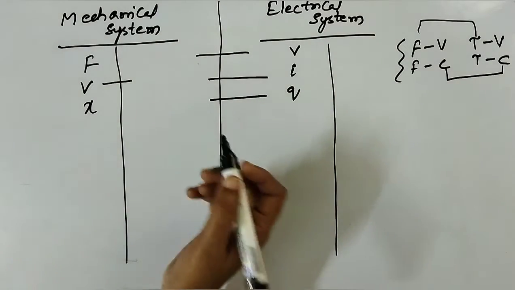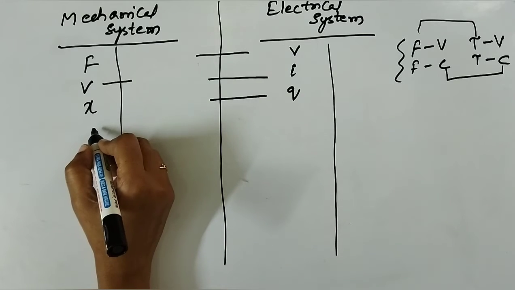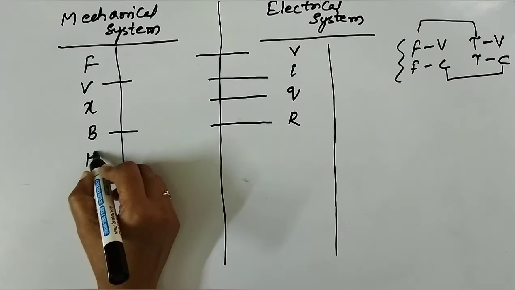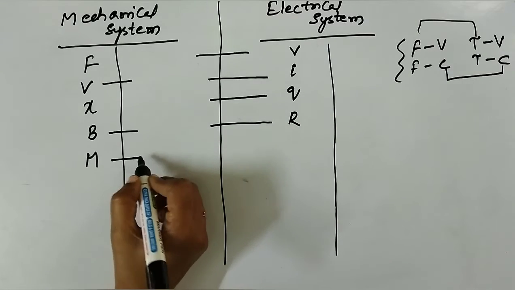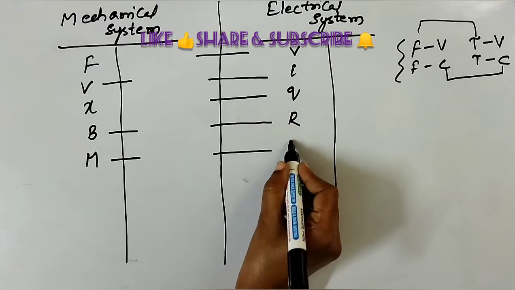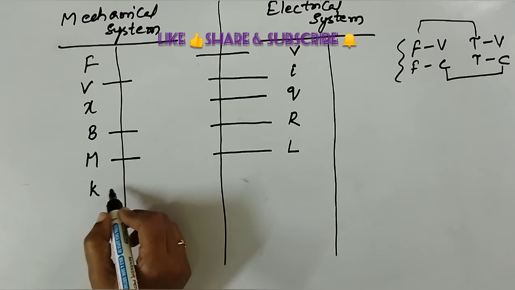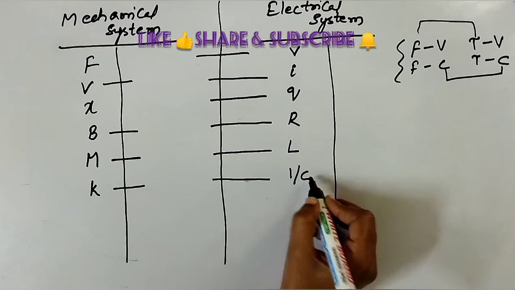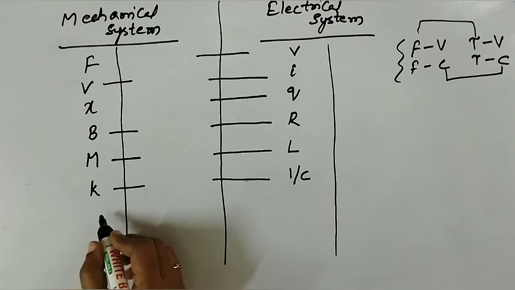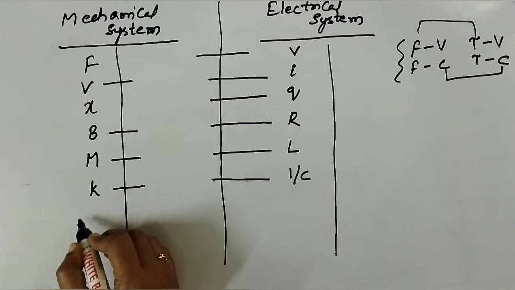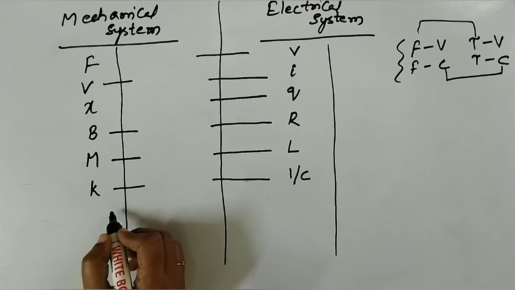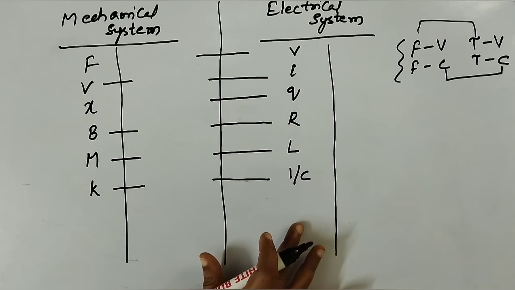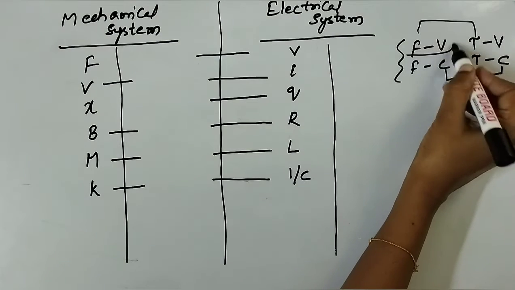The frictional coefficient, the dash pot B, corresponds to the dissipative element R, resistance. Mass, the storage element, corresponds to inductance L. The stiffness of the spring K is the inverse of capacitance, that is, 1 by C. You apply Newton's second law, the sum of the forces is equal to 0, and here you apply KVL. So these are the equivalent parameters for the force voltage analogy.